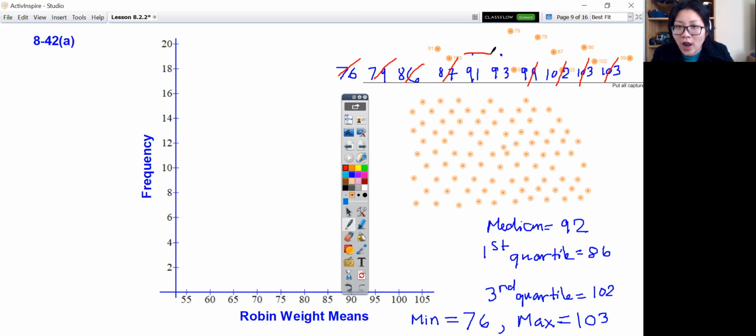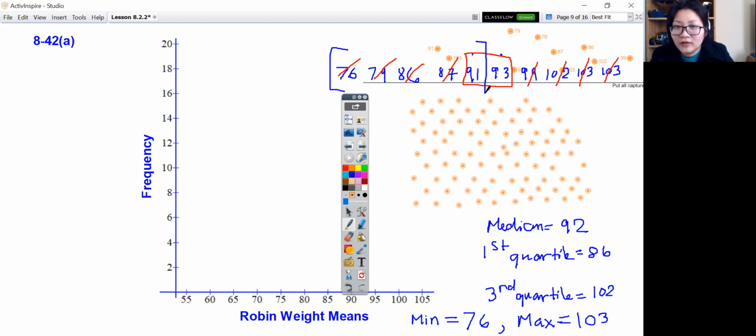Doing so helps me to keep track of my middle numbers, okay? So I have two numbers, 91 and 93. The middle number is 92. So the median is 92. Take 91 plus 93 divided by 2, you will get 92. First quartiles. So we are looking at our lower half data.